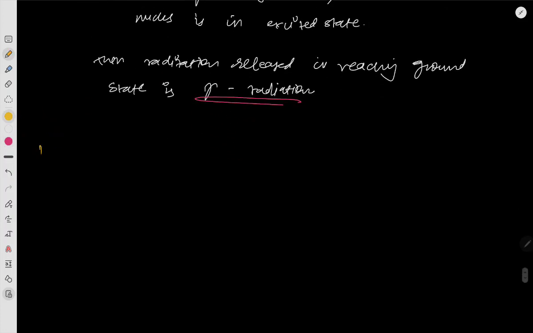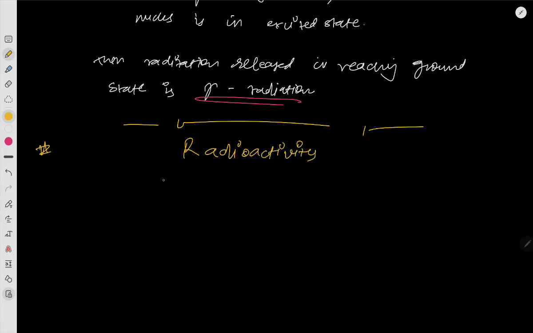Now let us understand the next concept, that is radioactivity. This is the end of the types of decay. Radioactivity is our next concept. So the first point to note is radioactivity is a random process.